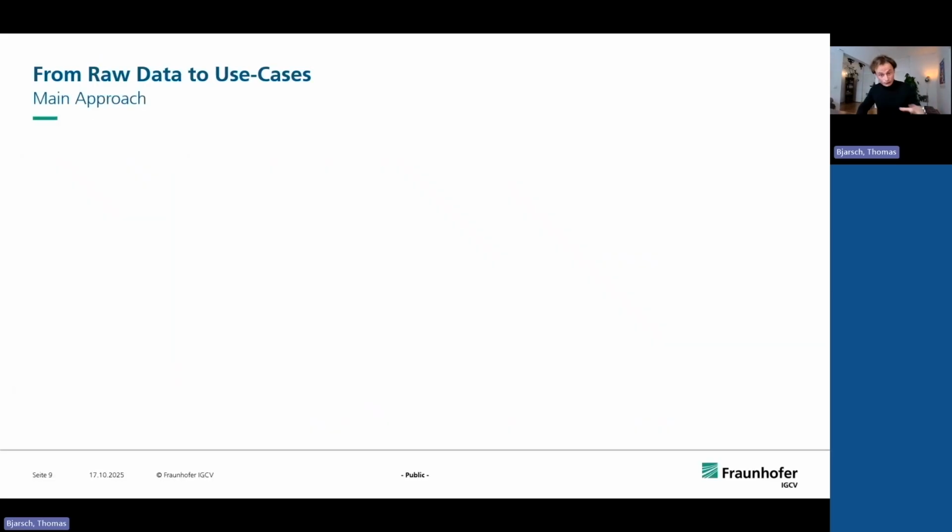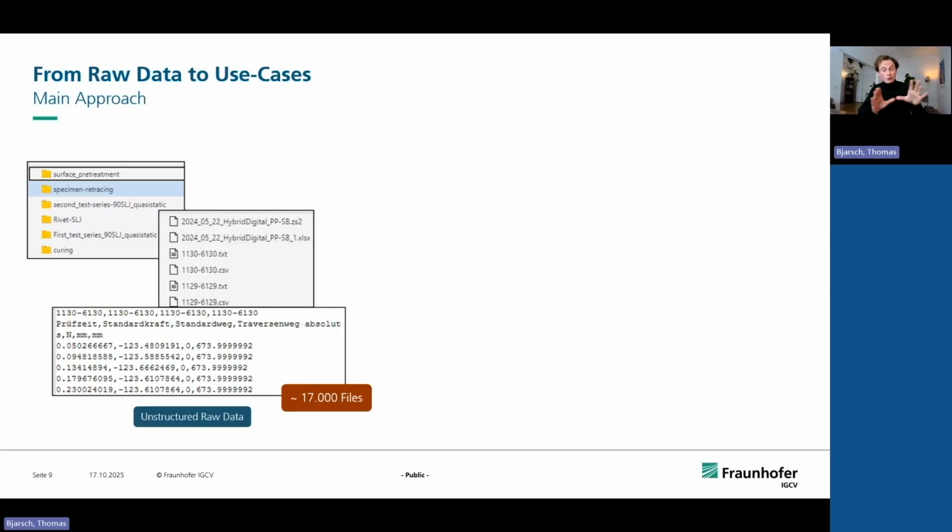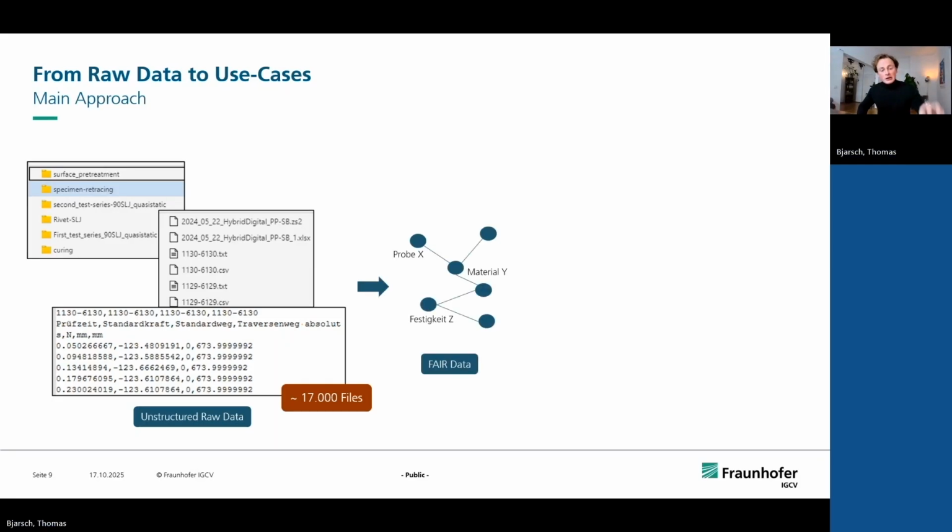The main approach now in the project is we have a lot of unstructured raw data from experiments and simulations, as we will see later. Currently, it's 7,000 files in the project. Using this, we create FAIR data using an ontology.